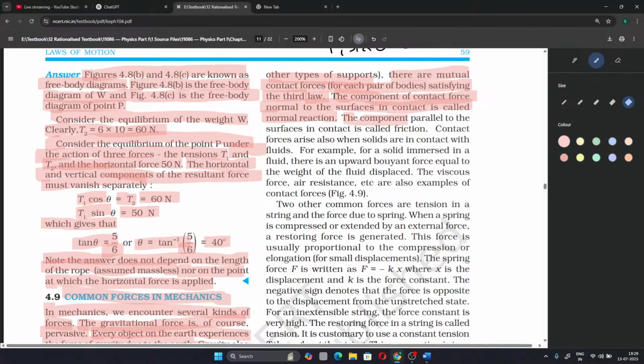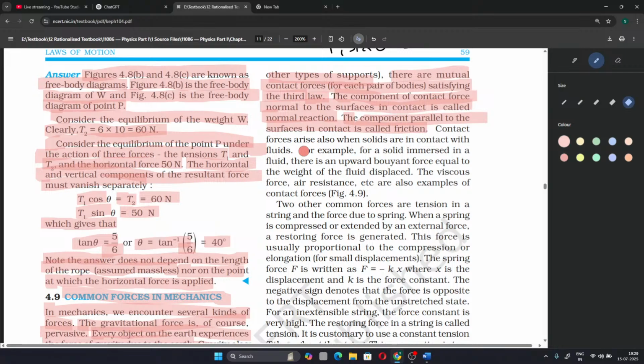The component parallel to the surfaces in contact is called friction. That is, the component of the contact force that is parallel to the surfaces in contact is called the friction force. Let's try to understand that again.